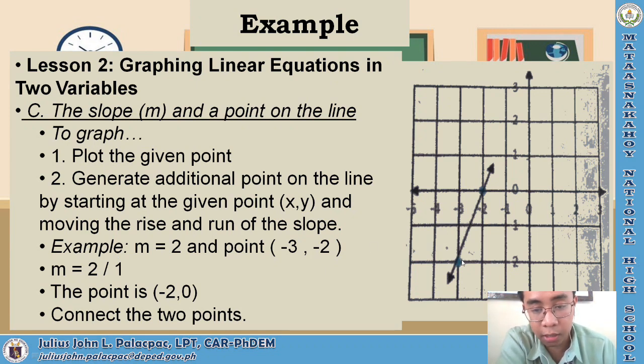So from here, -3, -2, we have 2 over 1. So we'll go up by 2, and we go right by 1. And the new point, or the second point, will be -2, 0. Connect those points and then we will have our graph for the given, where m is equal to 2 and the point is -3, -2.